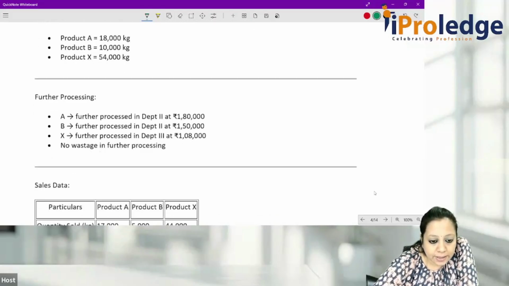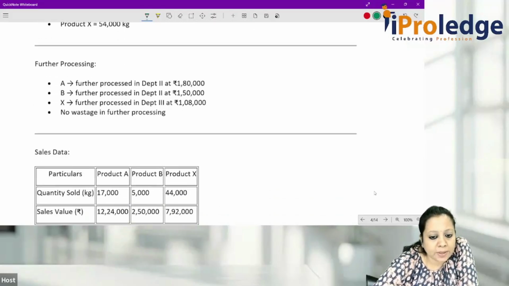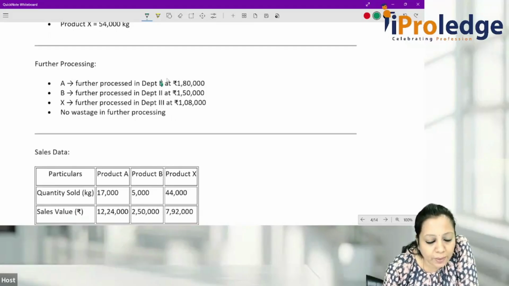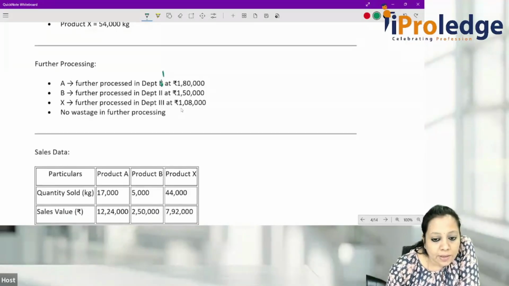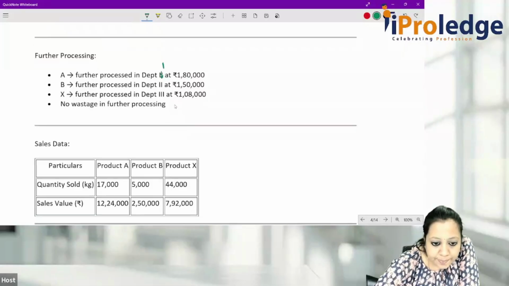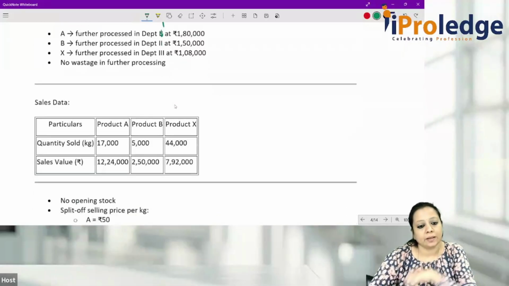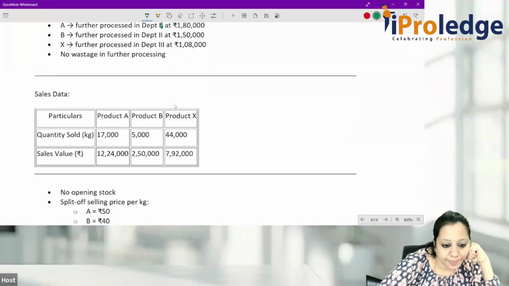Now, further processing in departments 2 and 3. This is 1, 2, and 3. So it is given to us. Next is sales data.